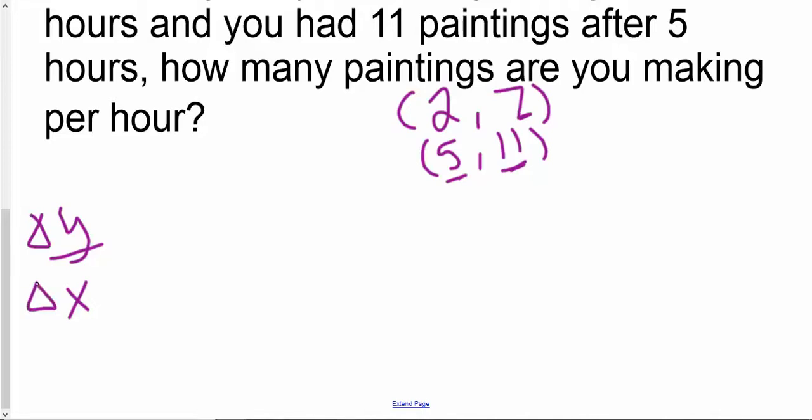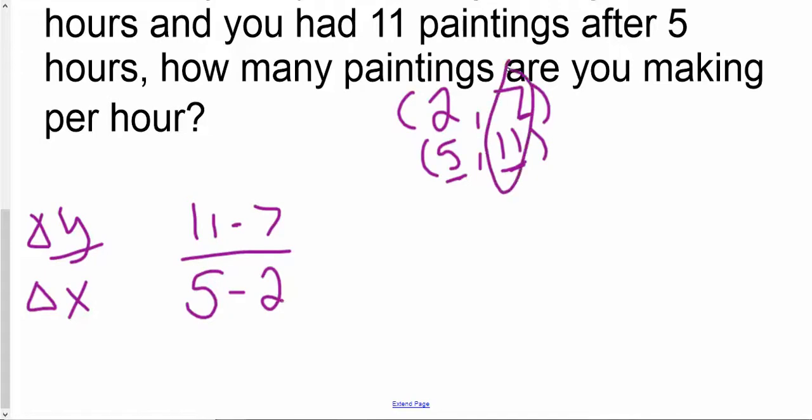It's shaped like a triangle, which is why we use it. But we're going to do 11 minus 7 over 5 minus 2, because those are corresponding y and x. So we're taking the difference of our y's divided by the difference of our x values.